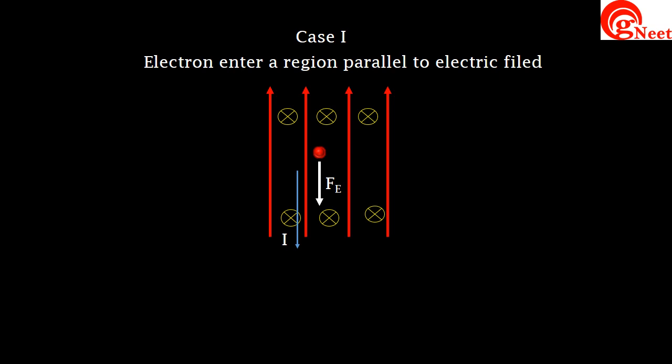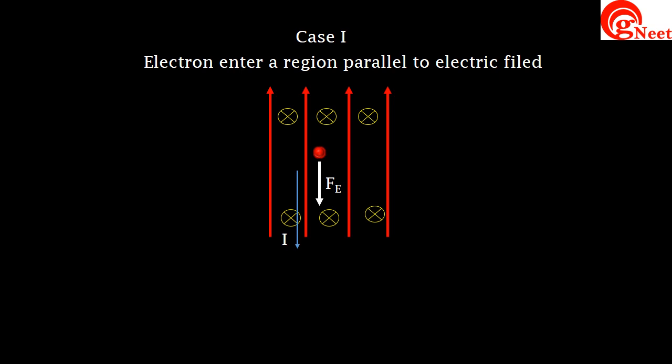In our diagram, the magnetic field is perpendicular to the plane containing the electric field and going inside. The direction of the current I is perpendicular to the magnetic field. To find the direction of force by Fleming's left-hand rule, stretch the thumb, forefinger and middle finger of the left hand in mutually perpendicular directions.